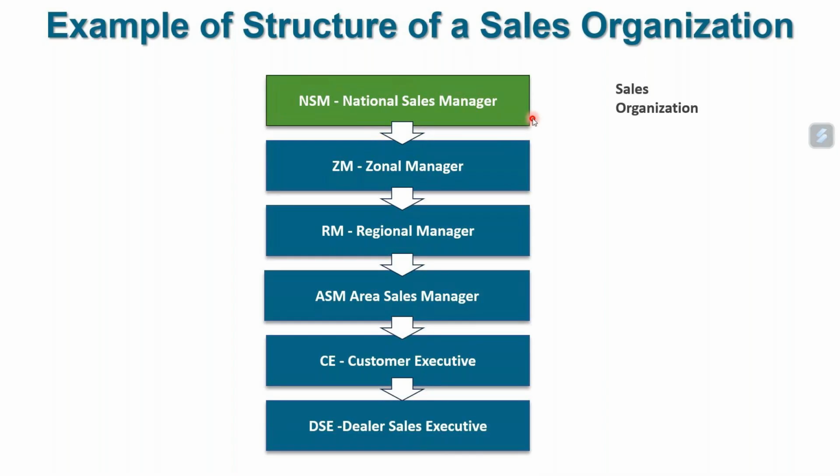When you go in and configure for an organization, you would normally check how many heads are there. So if you have 2, 3, 4 heads, you are normally advised to make the same number of sales organizations. That is how you decide how many sales organizations you need to make when you are in the system, configuring for a customer.